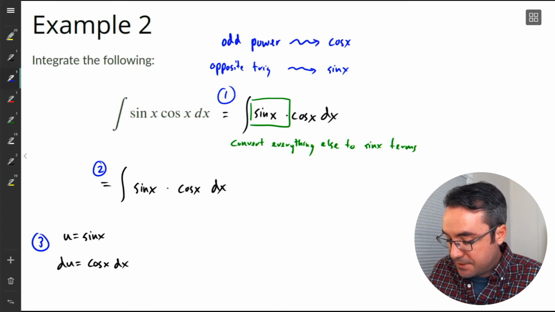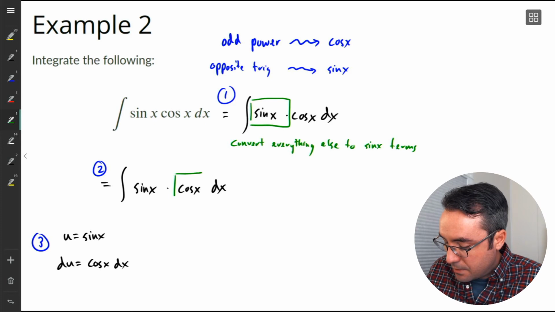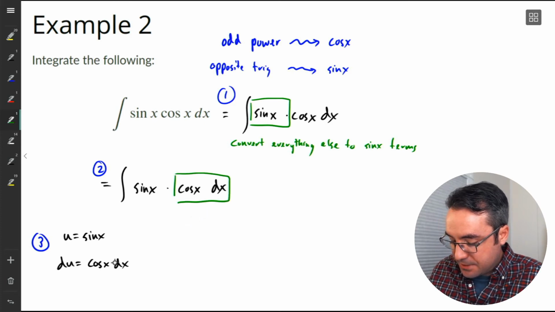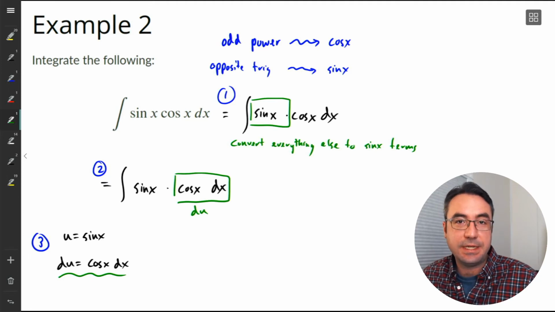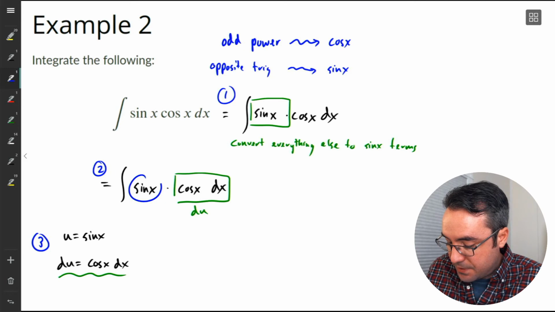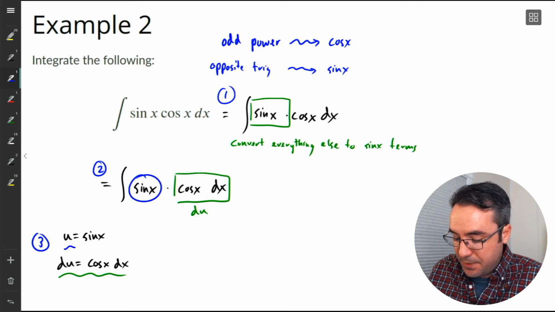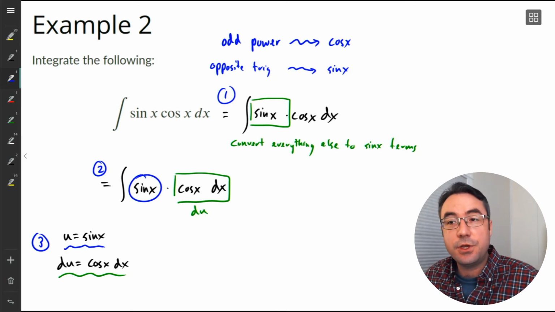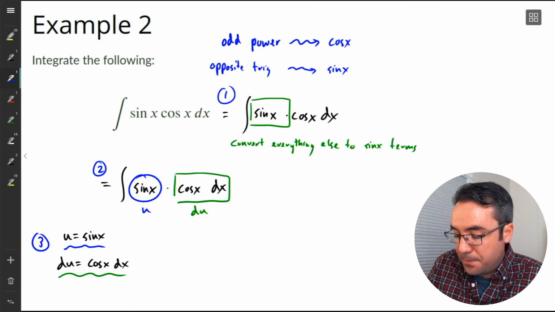And when we look at this, cosine x dx matches up nicely with our differential du for our substitution rule. And then the sine of x right here matches up nicely with what we picked for u. So this is just going to become u.